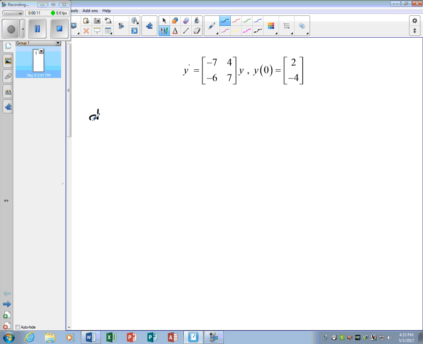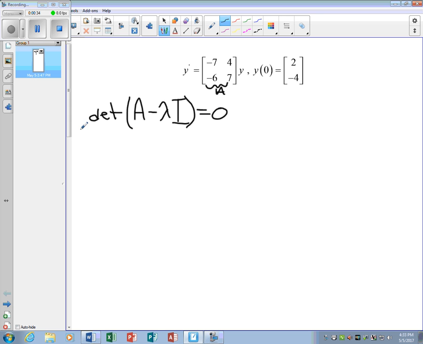We're going to find the determinant first of A minus lambda times the identity, and it's all going to equal 0.